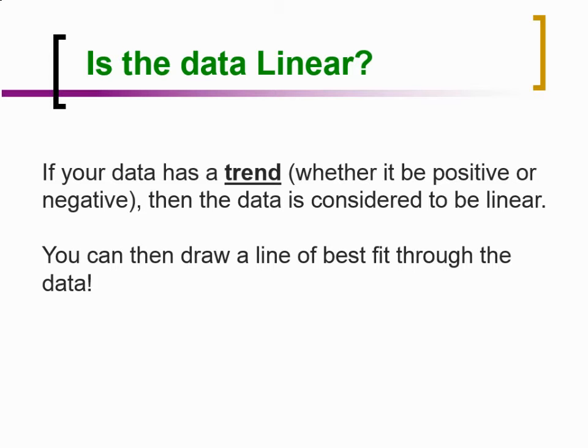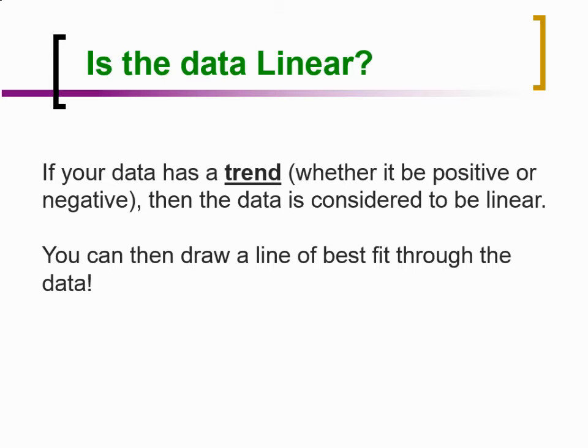Okay, quick little added information here. If you are asked if your data is linear, I just wanted to stress that it doesn't mean is the data in a perfectly straight line. If it says is your data linear, that's really referring to does your data have a linear tendency or trend.